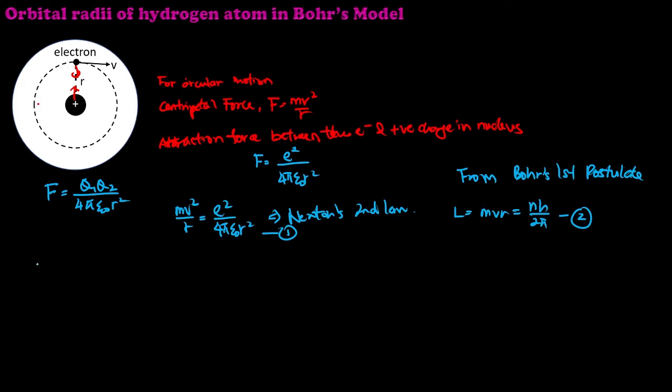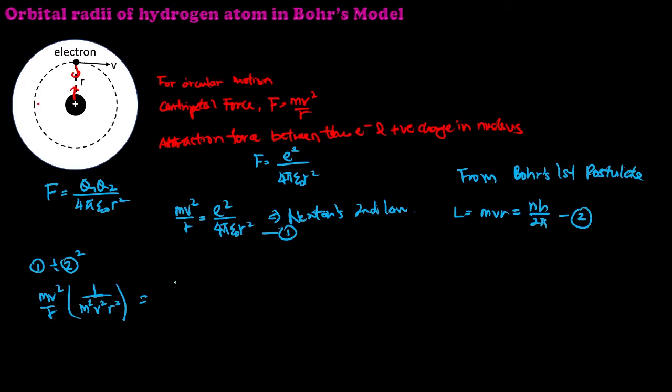So by dividing equation 1 by equation 2, and we square the second equation, we will get something like this: mv squared per r divided by the second equation squared, so we will have 1 over m squared v squared r squared.